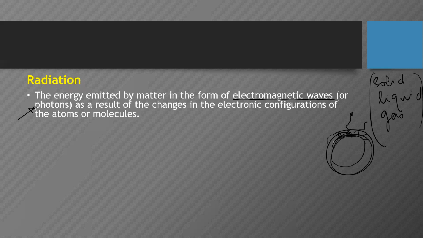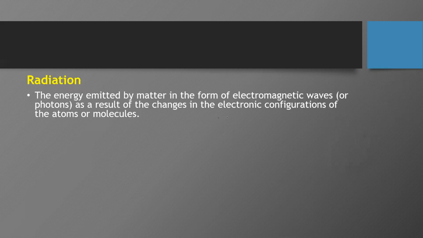So this is your atom core, and you have different orbits. When the orbits are changing for the atoms, those will emit electromagnetic waves in different wavelengths. I don't want to talk about this a lot more, or you will be confused.